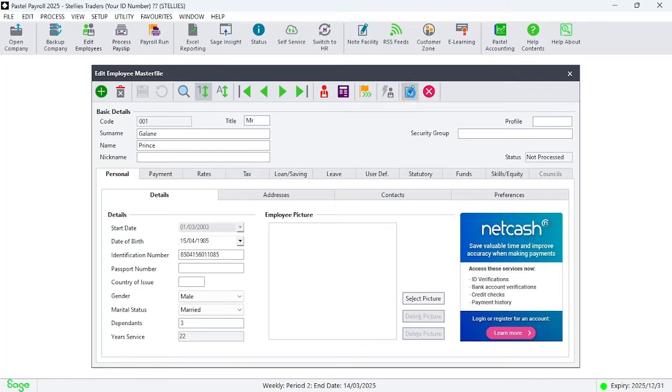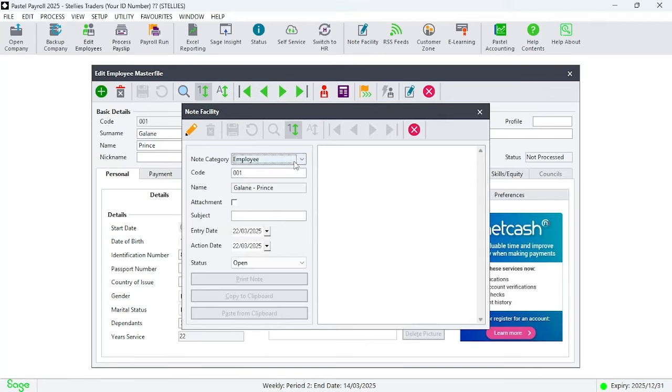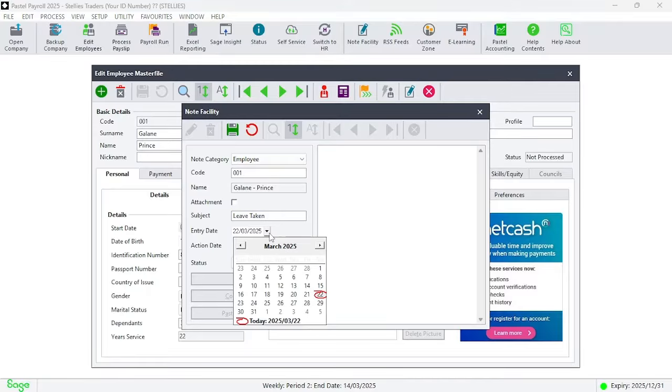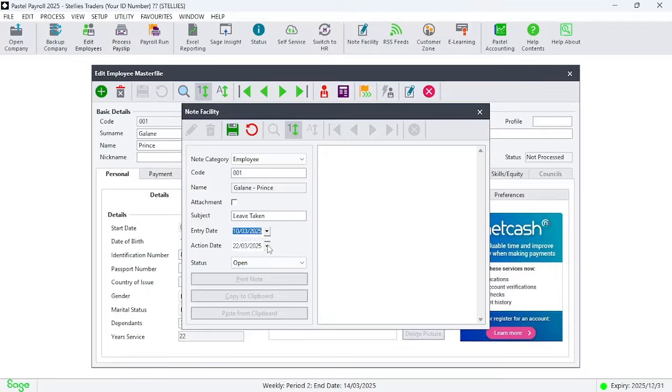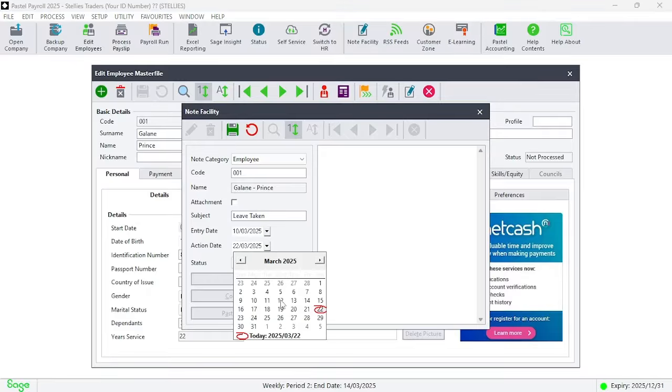And here you're going to find a little pen or pencil notes icon. Click on it. The employee code is 001 Picola. The subject here is leave taken. We can make up our own. And the entry date there is going to be from the 10th to 12th.